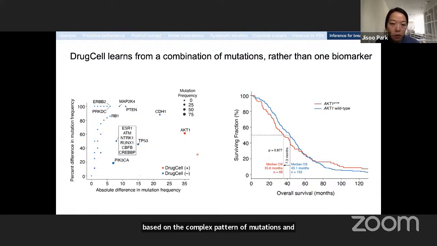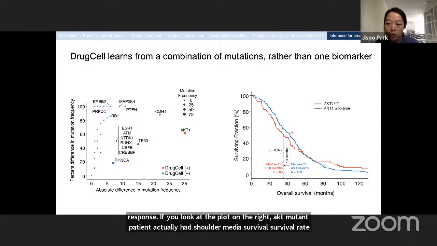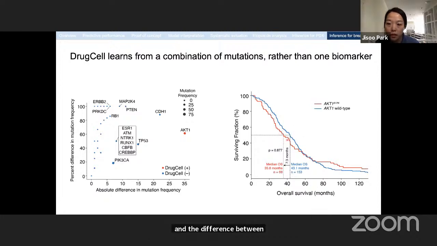And interestingly, for the sensitive group, AKT mutation status was not the best predictor of the therapeutic response. If you look at the plot on the right, AKT mutant patients actually had a shorter median survival, and the difference between the overall distributions was not statistically significant.